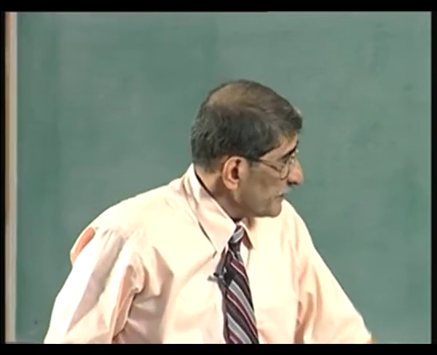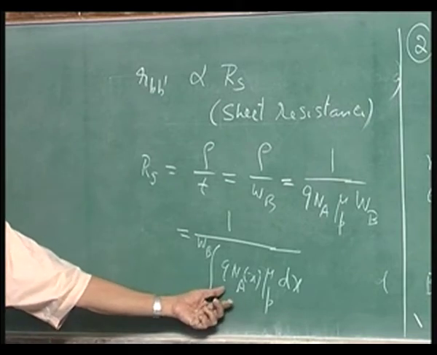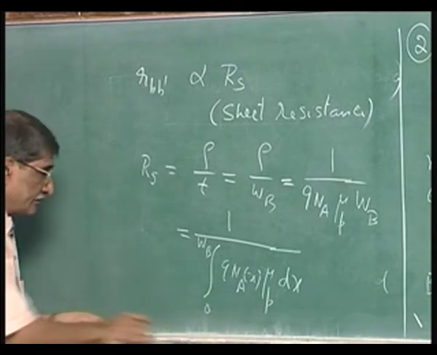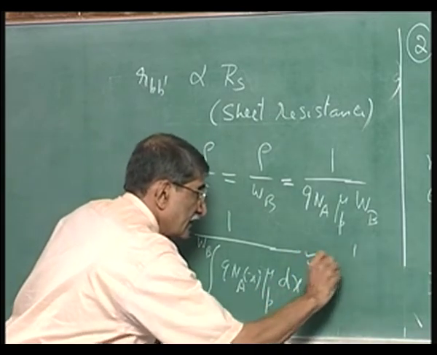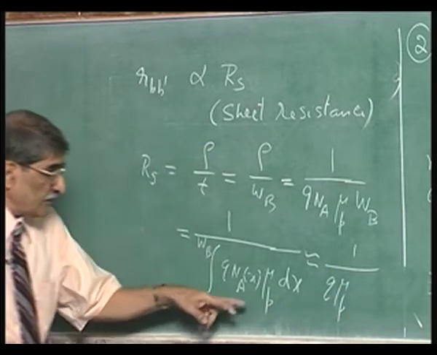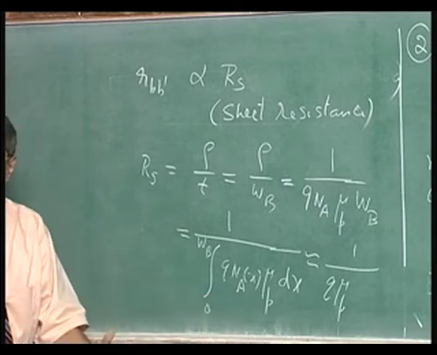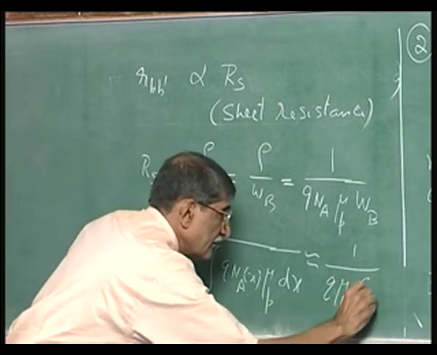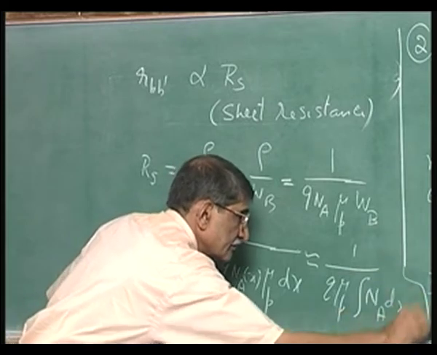I can pull out the mobility and q term, and what is left inside will be this, approximately 1 divided by q times mu p. Actually, mu p also will be dependent on doping when you go to high doping concentrations. I am pulling it out just to show you. So, this will be equal to the integral of NA times d of x. What is that?